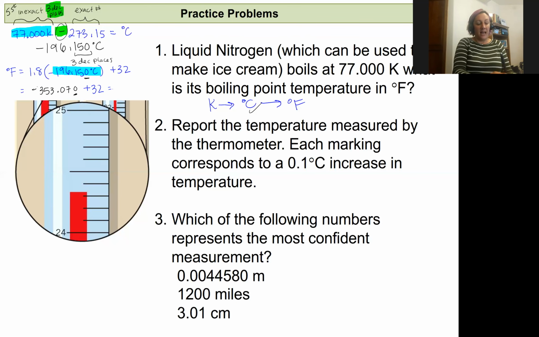And then when I add my 32, now I'm going to be looking at decimal places. And so the important piece here is going to be my 3 decimal places because I'm doing addition. And so when I add that, I'm going to get a value that is negative 321.070. I still have 3 decimal places at the end, so I have the correct number of significant figures. So thinking about what temperature liquid nitrogen is boiling at in Fahrenheit, it's negative 321.070 degrees Fahrenheit.